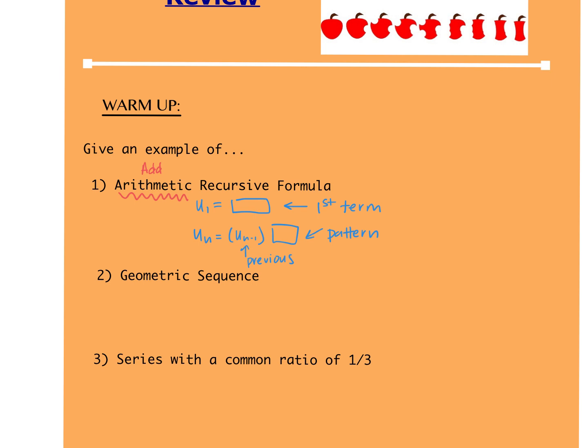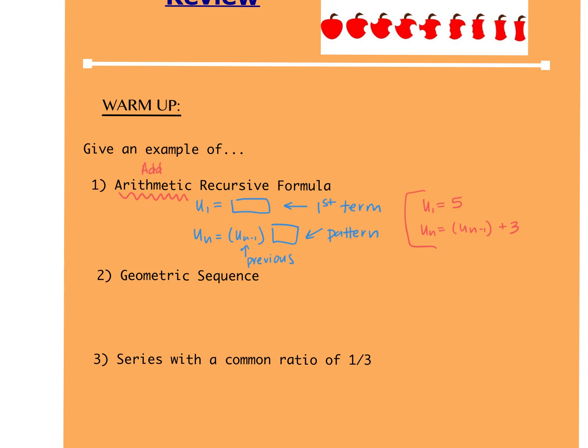We're just adding a negative number. So I would need any original value, like 5, U(1) = 5, that's the first term, and then any pattern that involves addition or subtraction. So for example, U(n minus 1) + 3. Or -5, or +7, or -52, you get the idea. But we need two parts to this recursive formula.